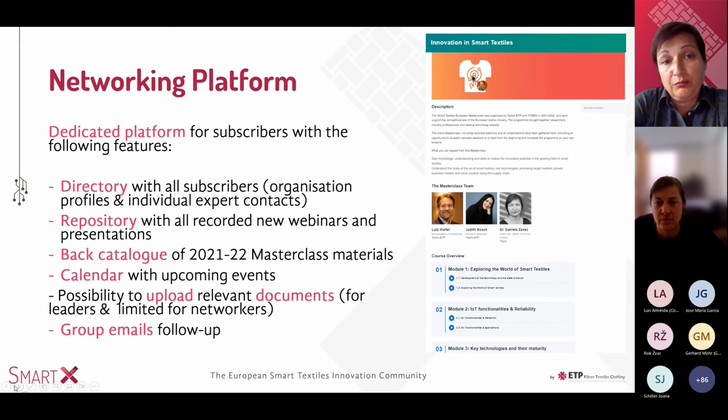And as you are probably informed, the SmartX project last year, also the masterclass program, were running through very nice, organized and visible platforms. And the idea now is to provide you a networking platform with some special features: a directory with all subscribers, where you can find contact data of all subscribers or individual experts.